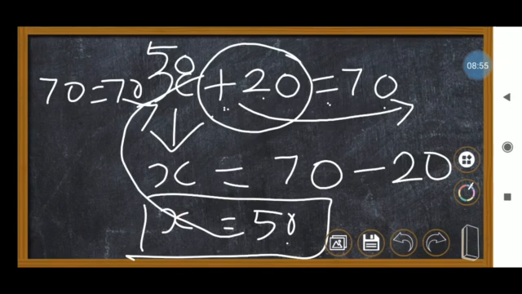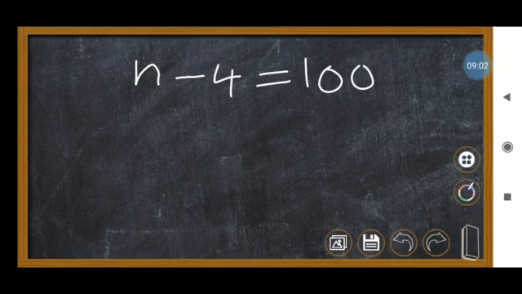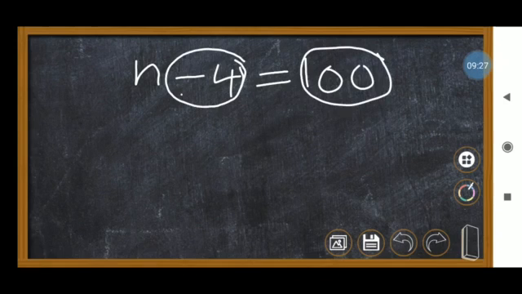Next, see here, n minus 4 equal to 100. Find the value of n, that means find the value of the variable. First, as I said, keep the numbers on one side and the variable on the other side. Here the number 4 has a minus symbol in front of it, so make a circle around it using a pencil.